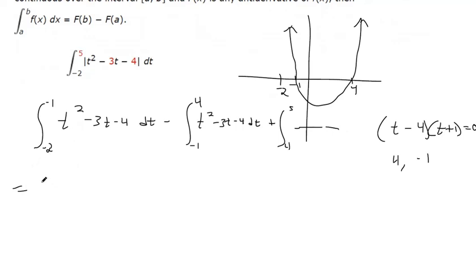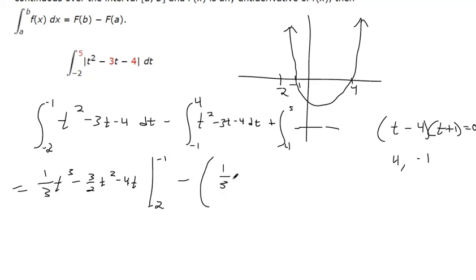Okay, so the antiderivative is 1/3 t to the third minus 3/2 t squared minus 4t. And we evaluate that from negative 2 to negative 1. And then we're going to subtract this entire thing, so make sure to protect it in parentheses.